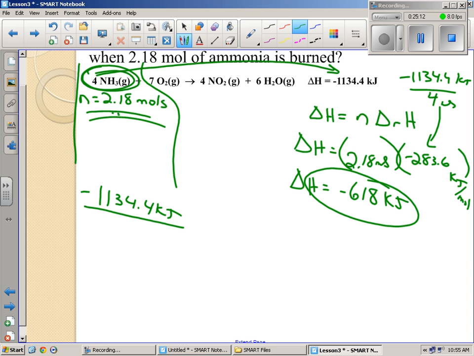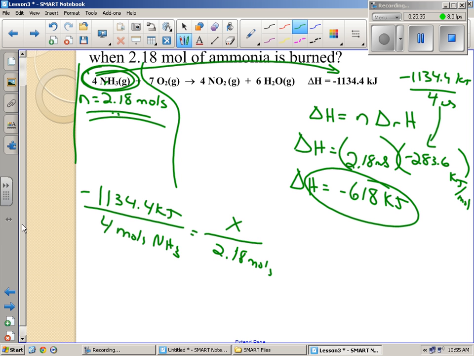Negative 1134.4 kilojoules is for 4 moles of NH3, right? If I had 2.18 moles, how much energy would you get out of that, or how much heat would you get, right? You'll get the same answer.